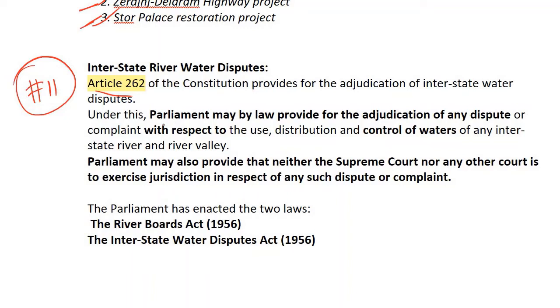Under this, Parliament may, by law, provide for the adjudication of any dispute or complaint with respect to the use, distribution and control of waters of any interstate river and valley. So Parliament may, by law, Parliament has to make a law in this regard, if this kind of mechanism is to be brought for the adjudication of disputes related to river water.